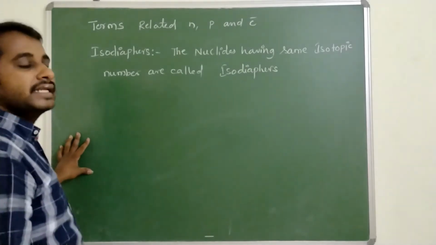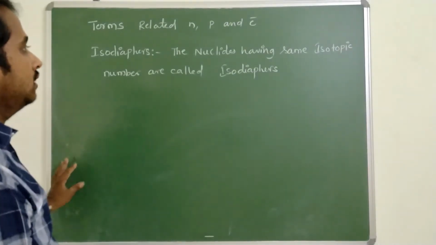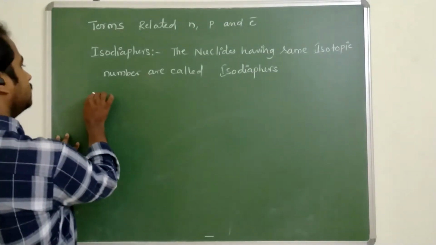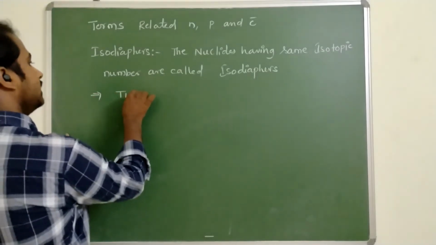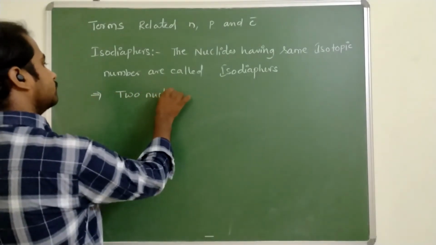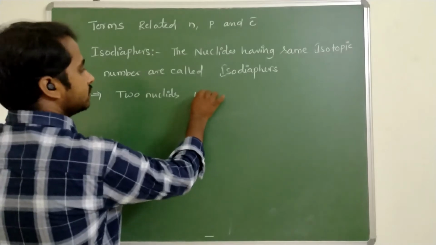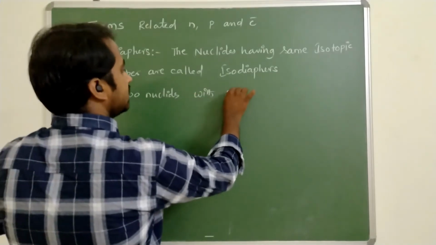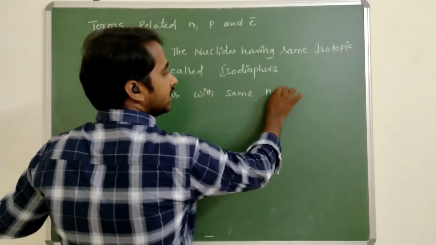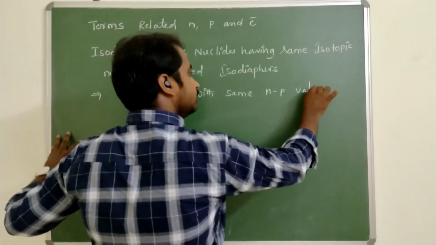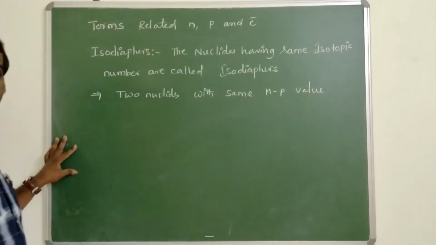Isotopic number means, indirectly, A minus 2Z. Or we can say the two nuclides with the same n minus p value.